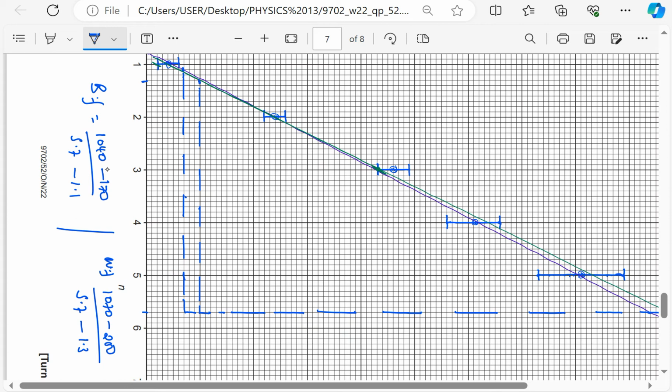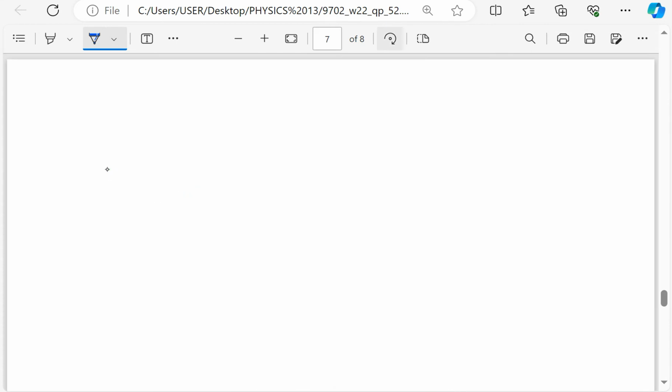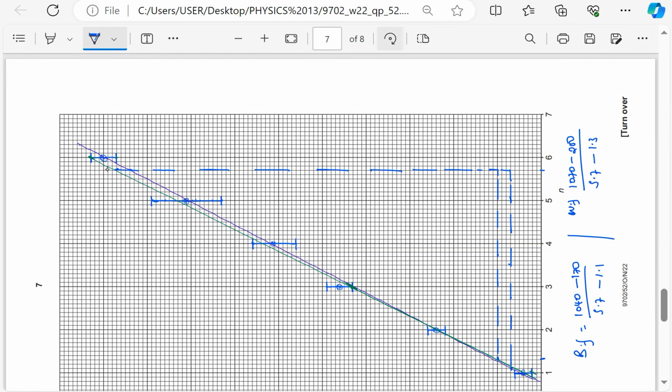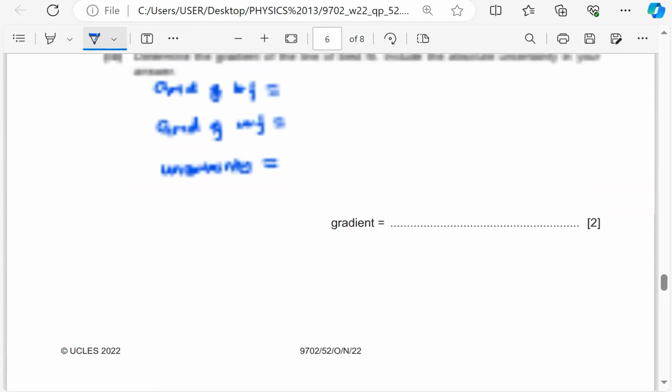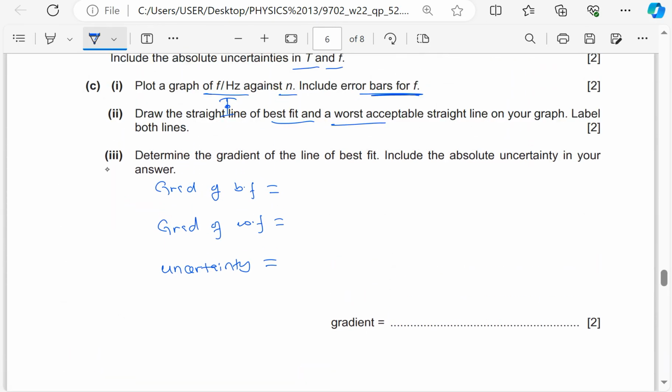Okay, so I have to rotate this back so that I write very easily. So the gradient of best fit is going to be 1040 minus 170 divided by 5.7 minus 1.1. Gradient of worst fit was 1070 minus 200 divided by 5.7 minus 1.3.